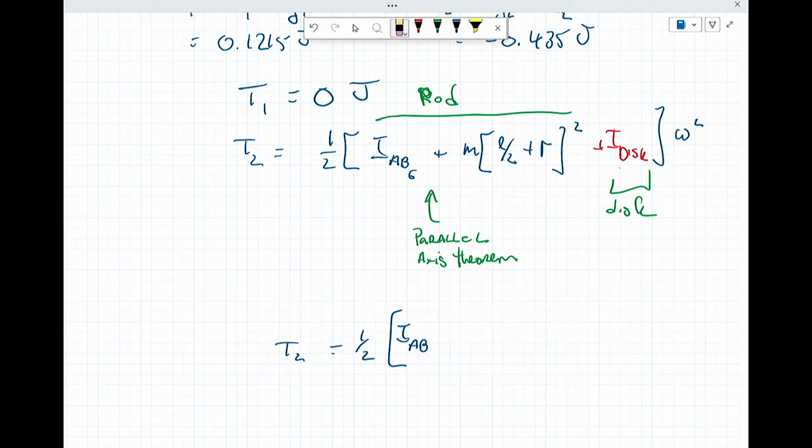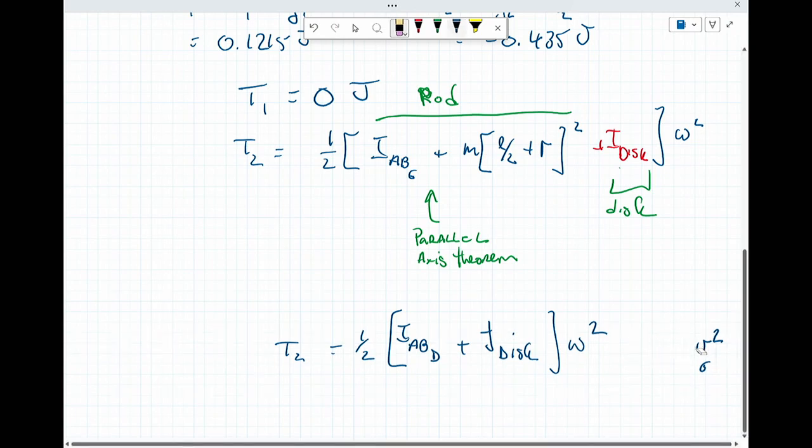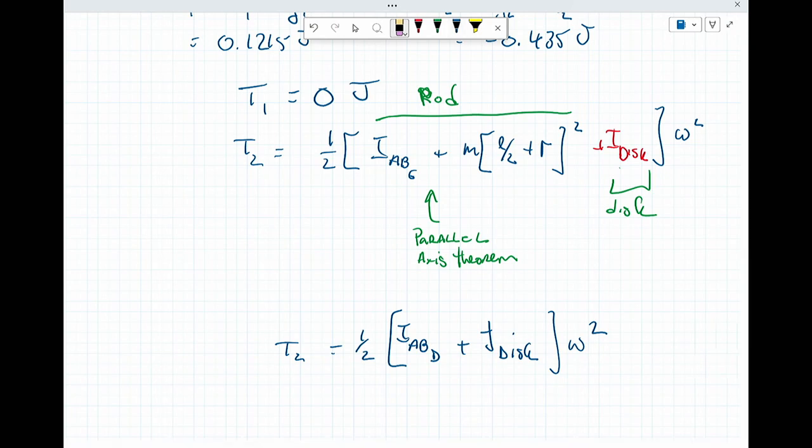It's D, right? So what I've done is I can either write this as the moment of inertia about point D, which is for the rod, which is the center, and the disk.